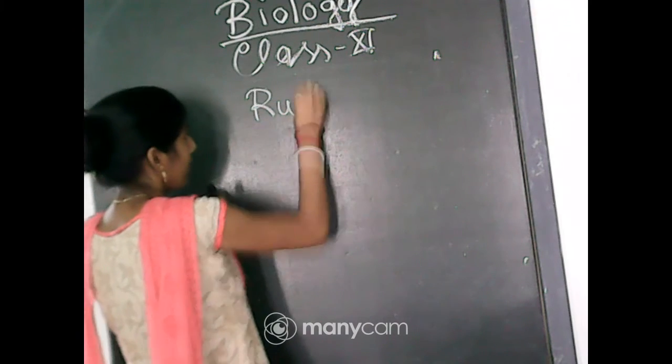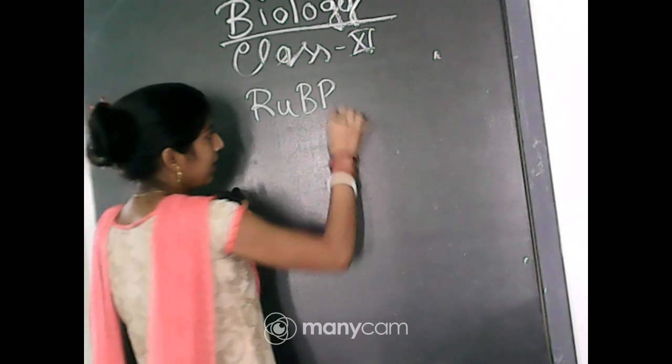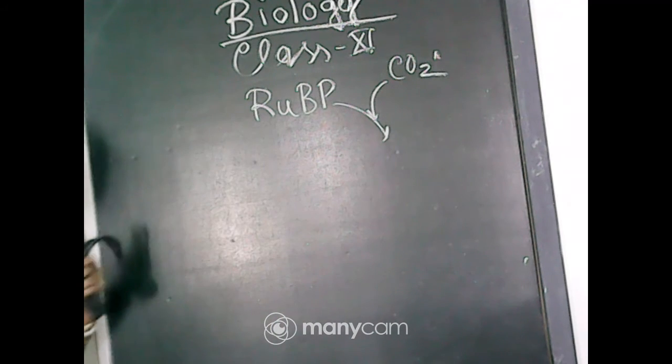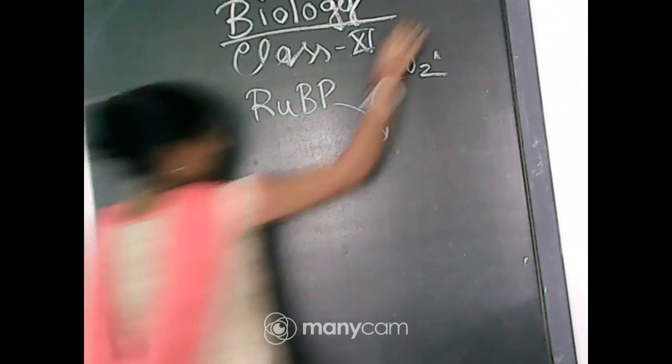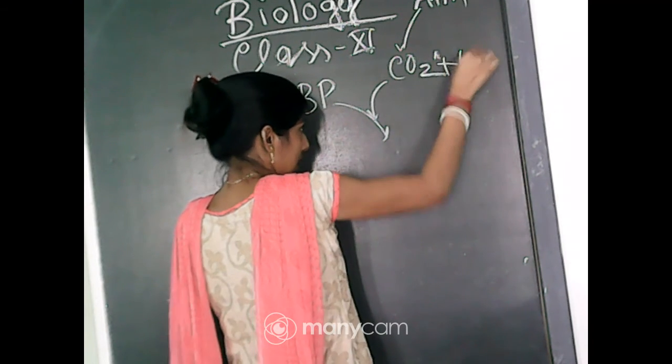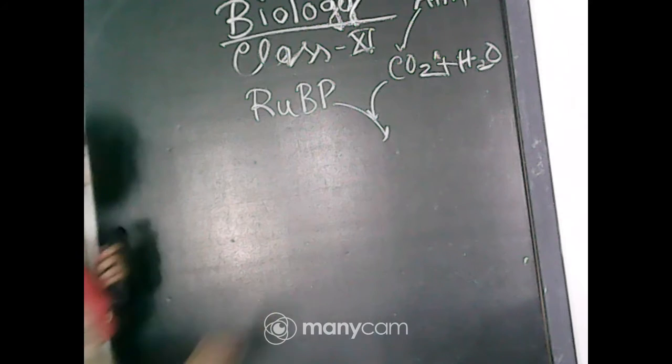So in the first step, RUBP has been fixed with carbon dioxide, which it gets from the atmosphere, and some H2O will be mixed.